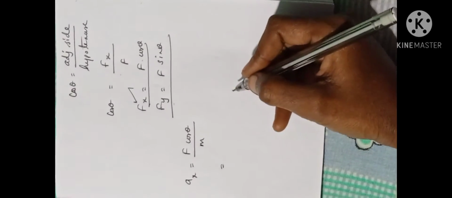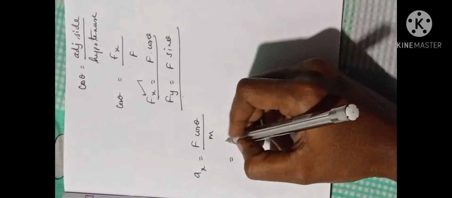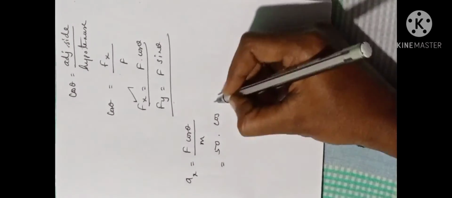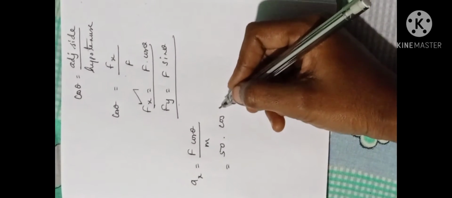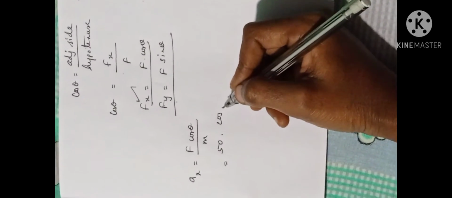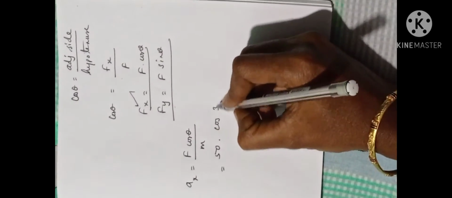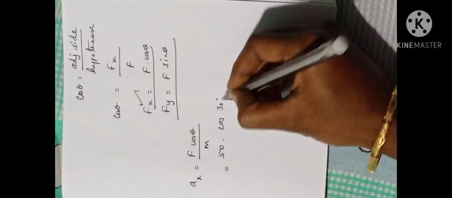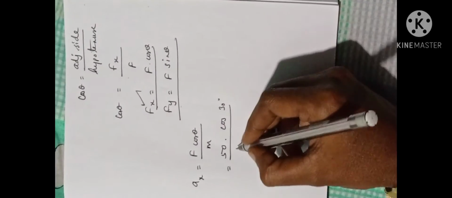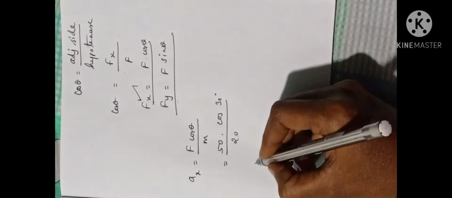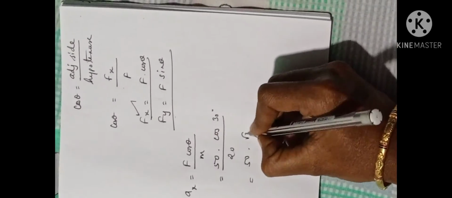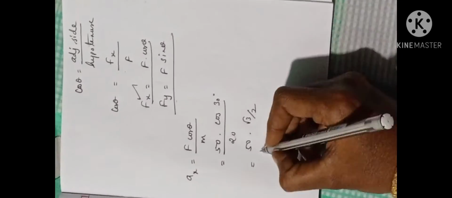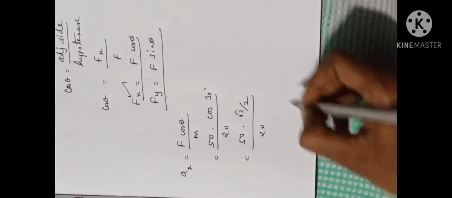From this problem, the force is 50 Newton into cos of the angle the force makes with the x-axis, which is 30 degree. So theta is 30 degree and mass of the object is 20 kilogram. Cos 30 is root 3 by 2.